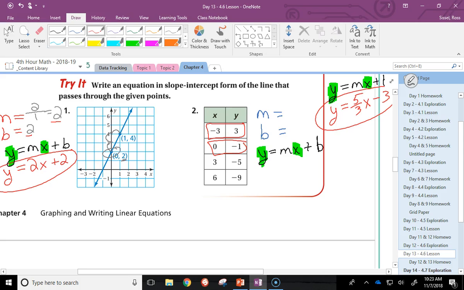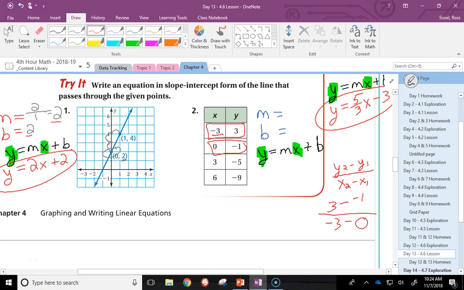Remember, to find it, it's y2 minus y1 over x2 minus x1, right? So we use the 3, minus, and this one's a negative 1. And then we had negative 3 minus 0.